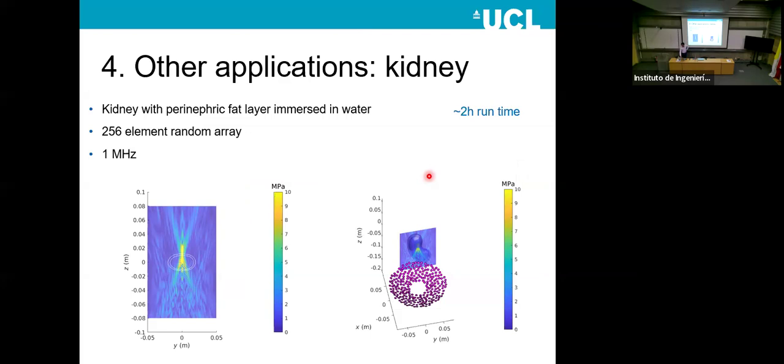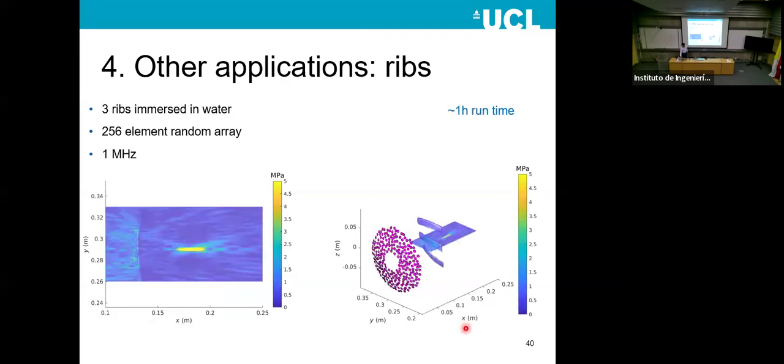We have other applications. This is for kidney. You can target kidney tumors using ultrasound. And this is what a multi-element array looks like. You can see here, all these little dots are elements. So here you're focusing on the kidney.